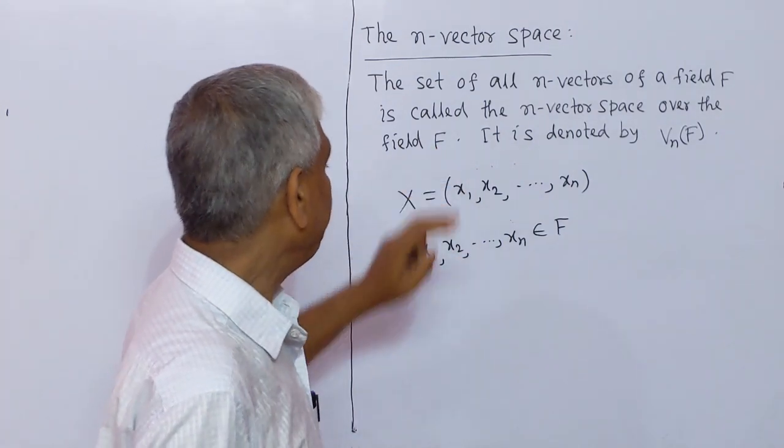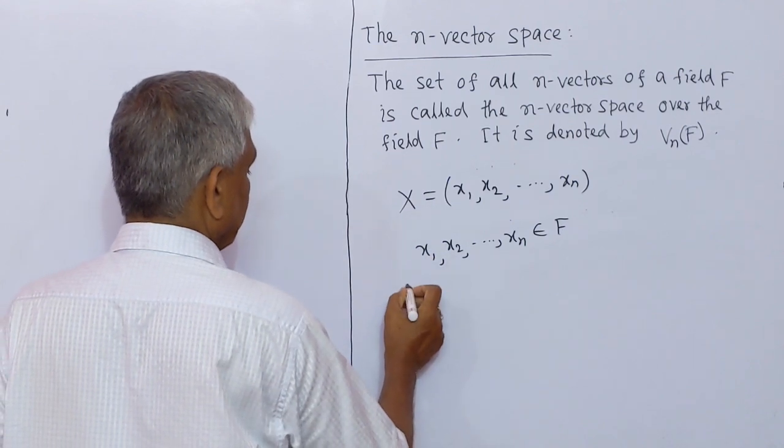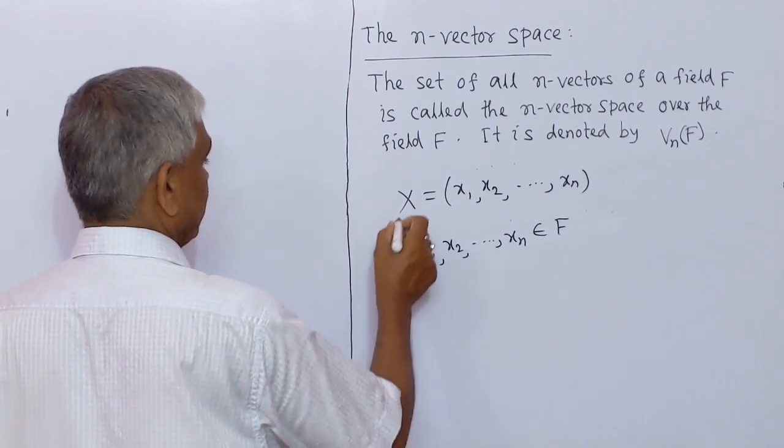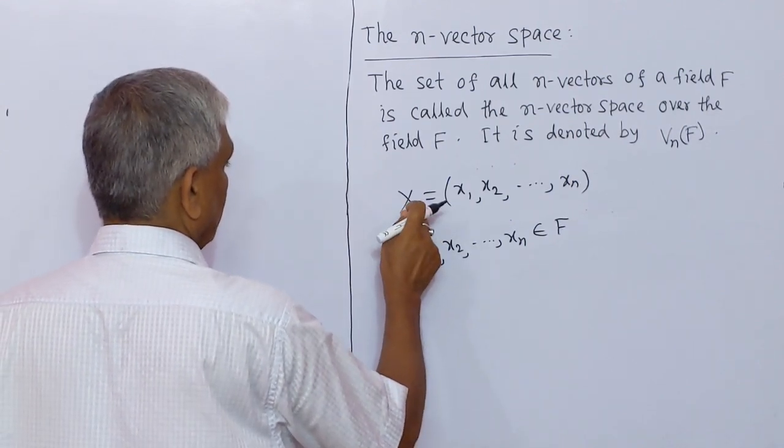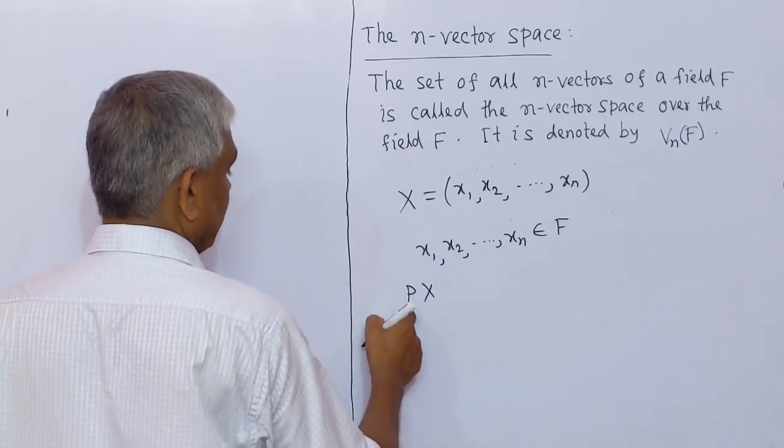Over the field F means that when we do scalar multiplication of the vector X, this is a scalar.